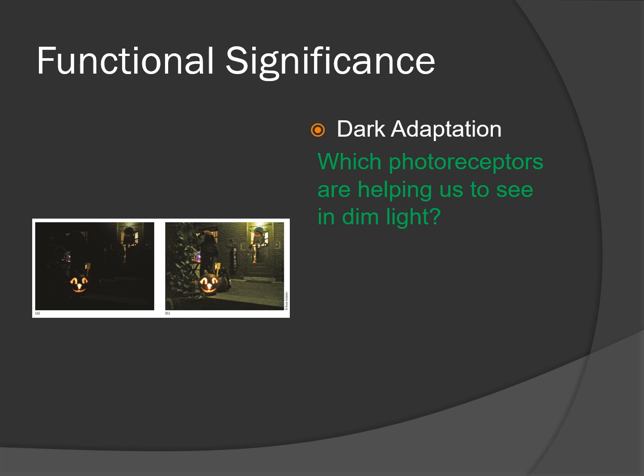So we walk into a dark area, movie theater, whatever, where it's dark, and at first it's going to look like our picture on the left. It takes quite a while for us to get to the picture on the right, where we can actually see that kind of shadow in the background as our rods are regenerating and giving us that ability to see in dim light.